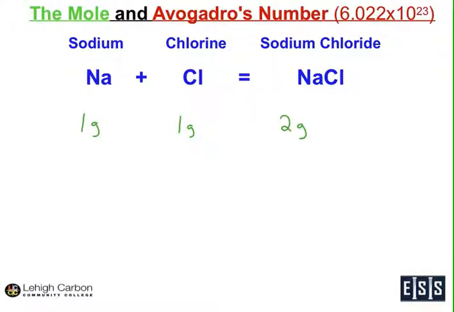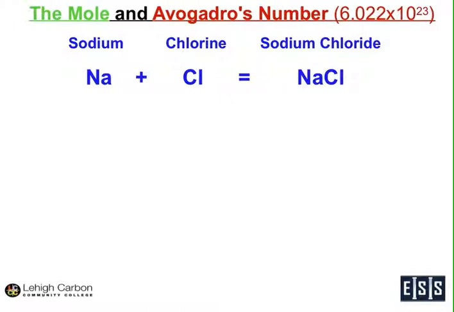But this would be wrong. The chemical equation you see before you does not pertain directly to weights. It pertains to atoms. The formula really tells you 1 atom of sodium will react with 1 atom of chlorine to form 1 molecule of sodium chloride.